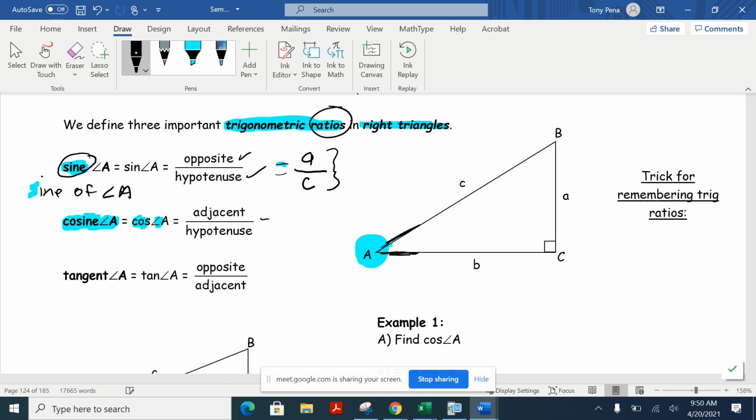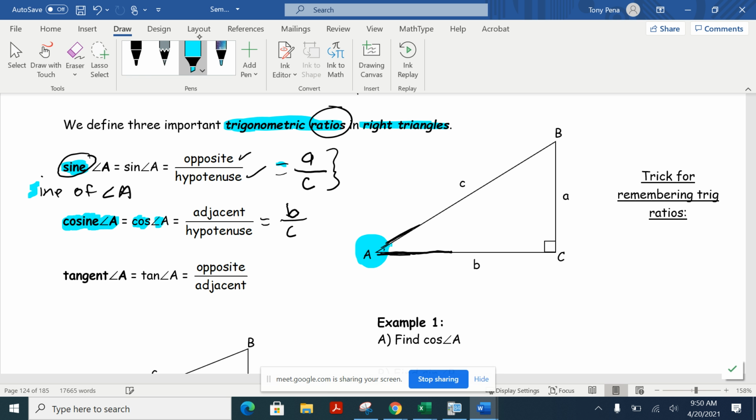When we talk about the word adjacent, it's the non-hypotenuse. So if this is A, isn't this adjacent, but isn't that also your hypotenuse? So that's got to be the C in your denominator because that's the hypotenuse. The other adjacent side, the non-hypotenuse side, is B. So if I ask you what is the cosine of angle A, you're just going to say B over C because that's the adjacent side over your hypotenuse.